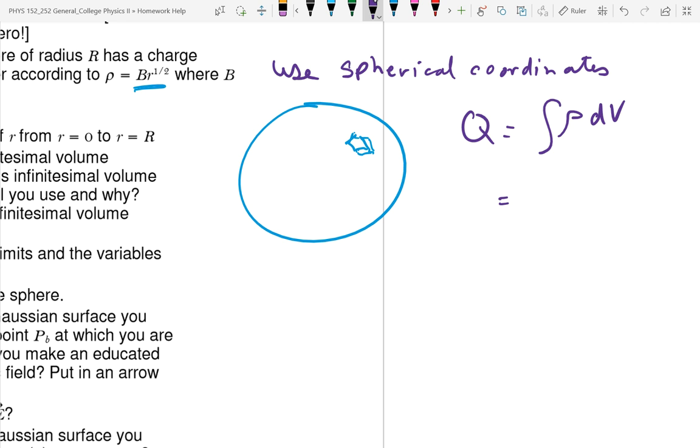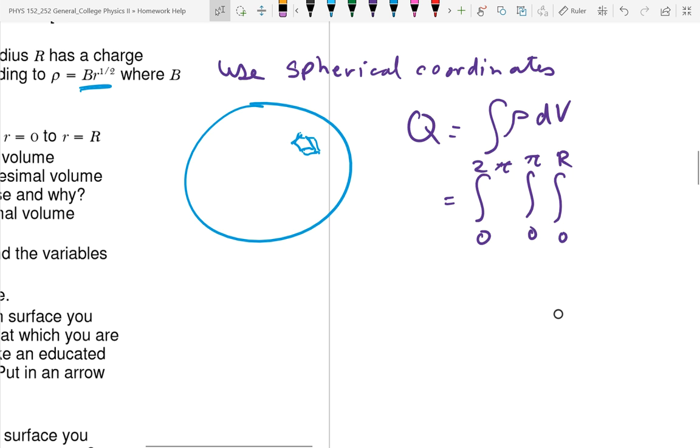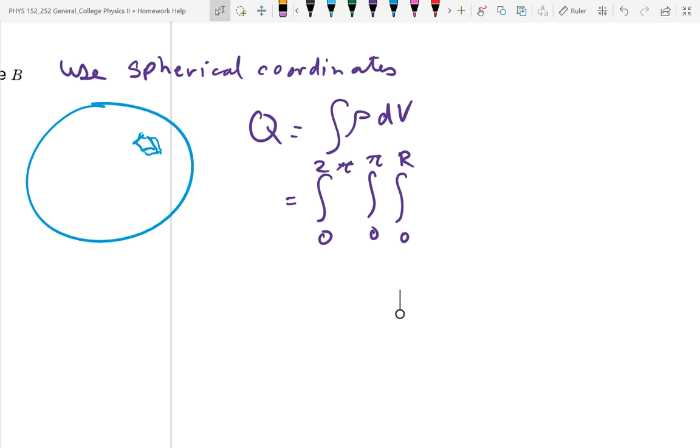So that's going to be the integral from 0 to 2 pi, integral from 0 to pi, integral from 0 to capital R, rho, which is b r to the 1/2, times r squared sine theta.